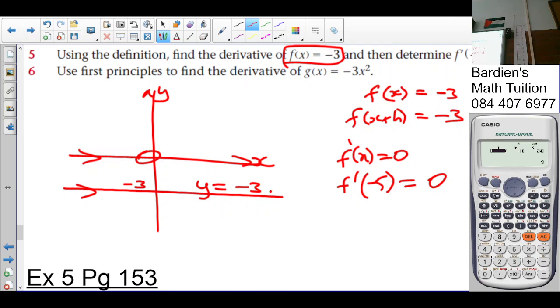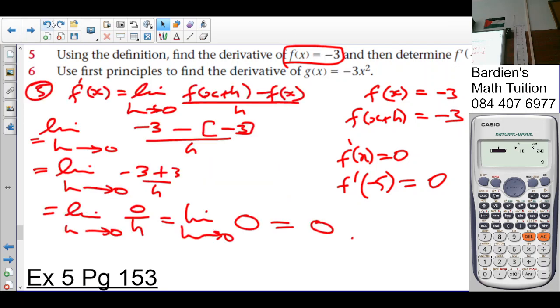So since it has a gradient of 0, anywhere along this line, the gradient will be 0 anyway. Does it make sense? Right. So make a note there, the derivative of a constant will always be 0. Very important, the derivative of a constant will always be 0. As you can see there, the derivative of a constant was 0.